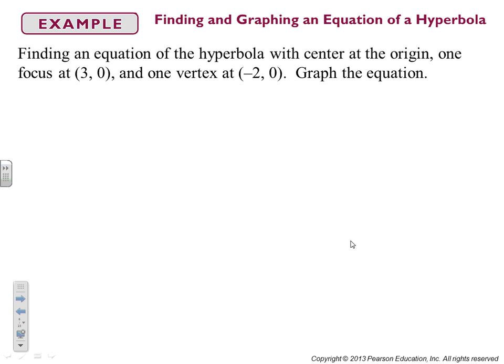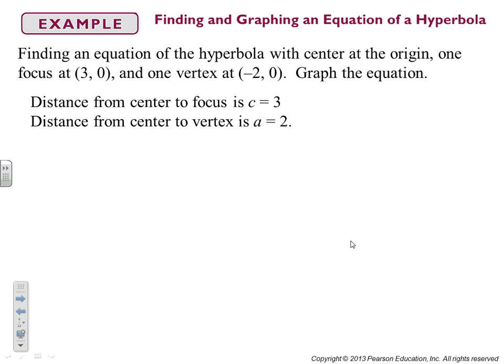Let's put together an equation of a hyperbola with a center at the origin and a focus at 3, 0 and a vertex at negative 2, 0, and we're going to graph it. Since our focus is at 3, 0, we know c is 3. Because our vertex is at negative 2, 0, we know that a is equal to 2.